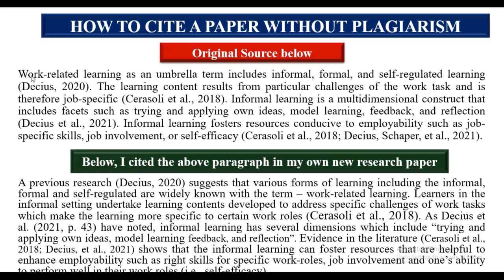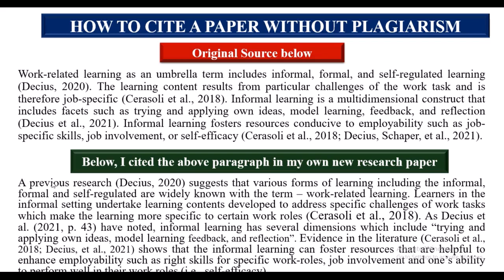Now, I like to read below. It said, work related learning as an umbrella term includes informal, formal, and self directed learning. That is according to Decisions 2020. Now, look at how I have paraphrased it here in my own work.